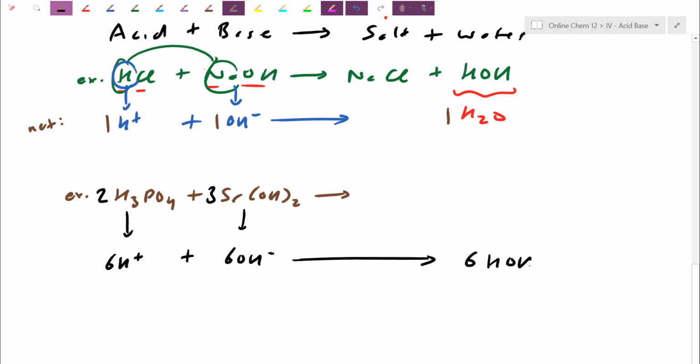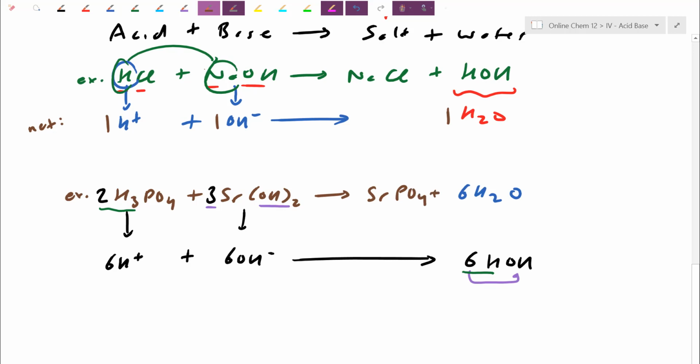Sometimes I prefer to write it as whole H2O like this, so that way you can actually count. 6 H's, so those are the 2 times 3 there, and I have 6 of the OH as well, and that's the 3 times 2 there. Sometimes it's hard when you write it as 6 waters because those hydrogens are sort of condensed on you there. With the exception of those 6 waters, what's the remaining compound? They're going to switch partners, so strontium is going to be bonded with phosphate.